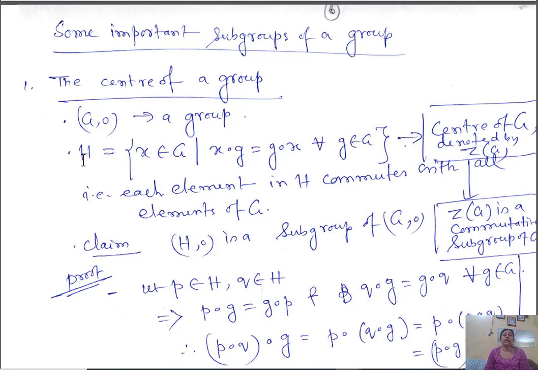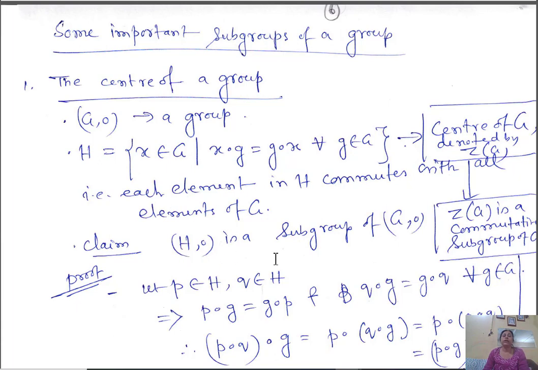So this is the collection of elements in capital G which commutes with all elements in capital G. This set is called the center of G. We denote it by Z(G). So H is defined as the center of G and is denoted by Z(G). And it can be proved that this Z(G) is a commutative subgroup of capital G.